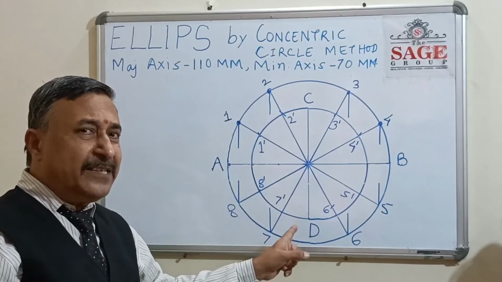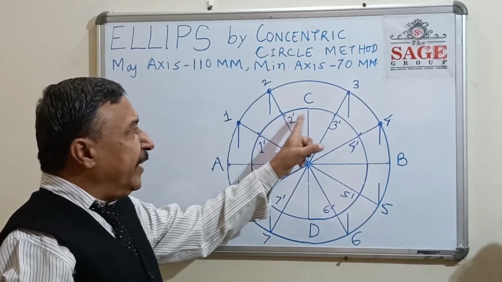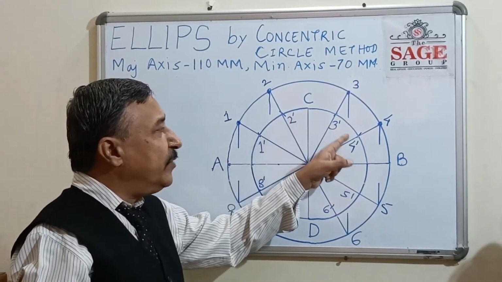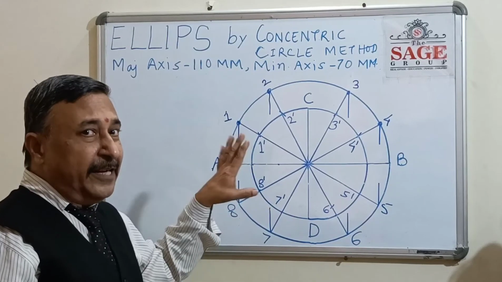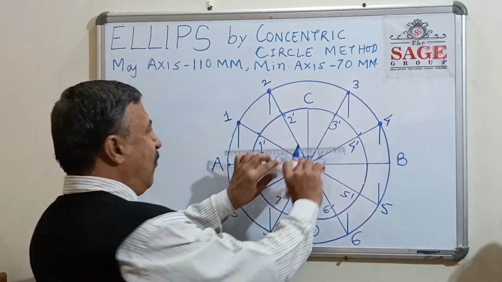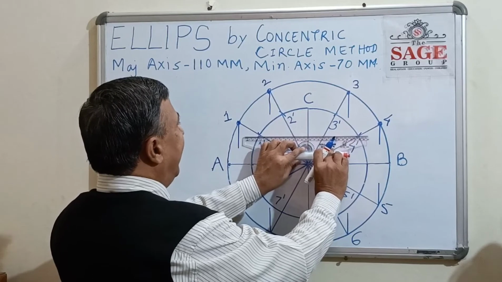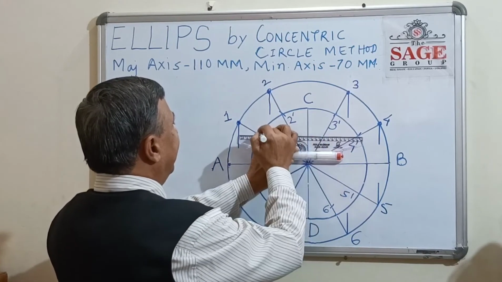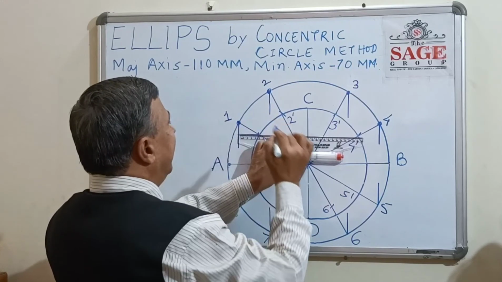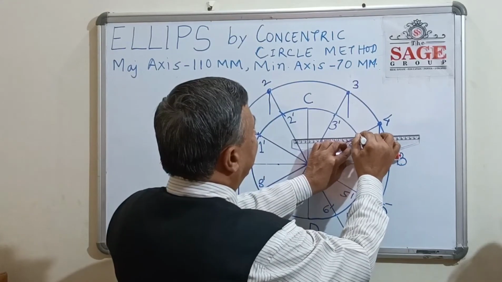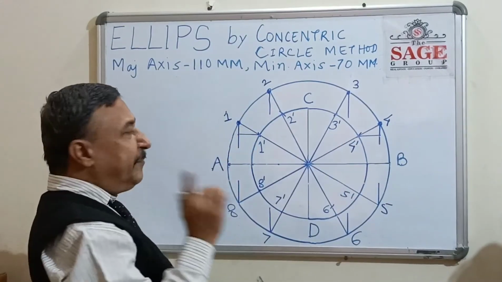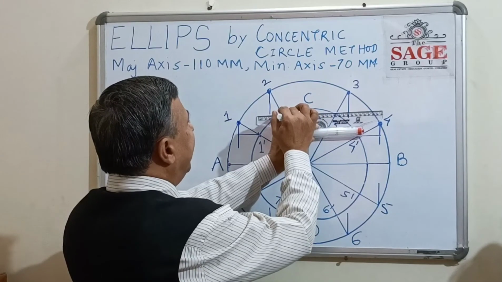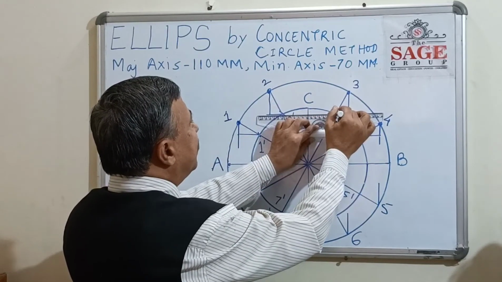Now just like this, we are drawing the horizontal lines, that is through 1 dash, 2 dash, 3 dash, 4 dash, etc., in just 4 strokes. Like how? See here, from 1 dash and 4 dash, a similar line: this is towards left and this is towards right. Similarly, from 2 dash and 3 dash, this is towards left and this is towards right.